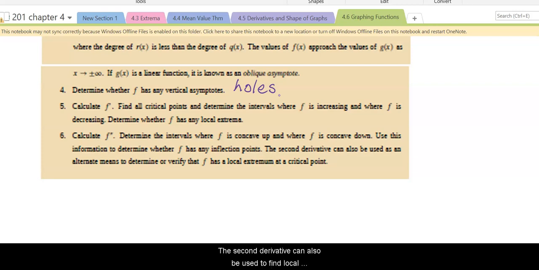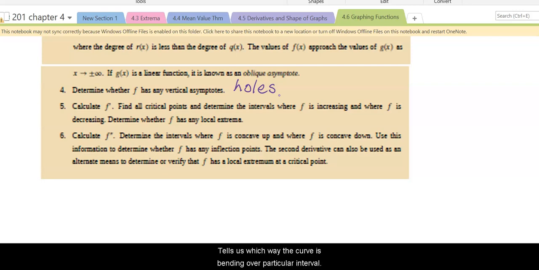The second derivative can also be used to find local extrema using the second derivative test. However, the second derivative test does not work if when you plug in the critical point to the second derivative, you get 0. In that case, you have to go back and use the first derivative anyway. On the other hand, the second derivative gives us information that the first derivative cannot.